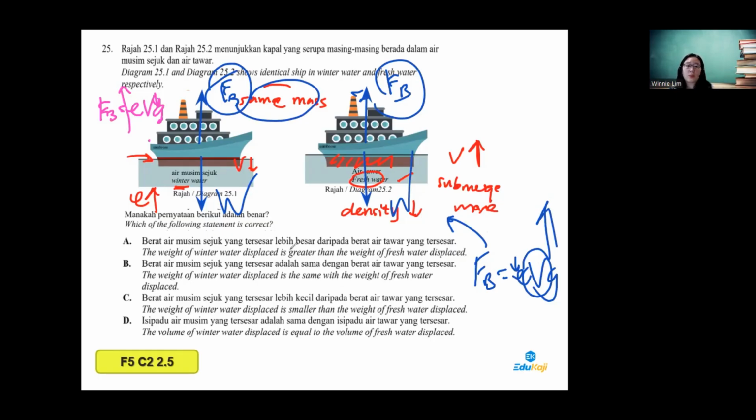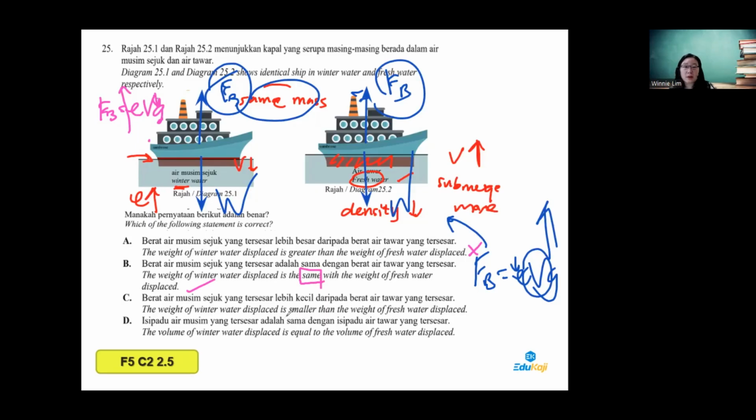Okay, so we see the options now. The weight of the winter water displaced is greater than the weight of the fresh water displaced. Cannot, because weight involves mg, the mass. So B, the weight of winter water displaced is the same as the weight of fresh water displaced. Yes, so this is the idea already, same.